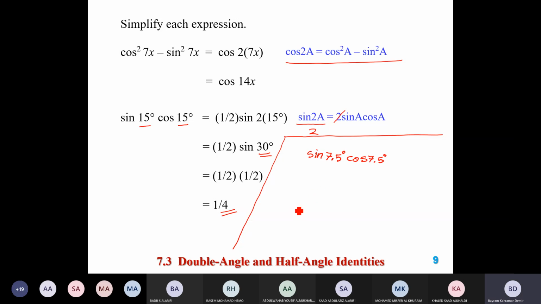So how would you calculate if I ask this one in the exam? It is equal to half times sine of 2A. What is 2A, Shabab, here? 15. Sine of 15, right, Shabab?